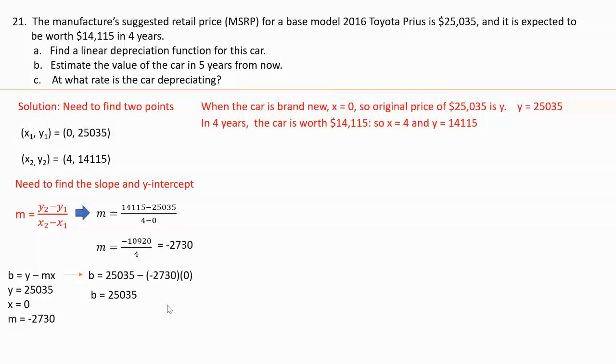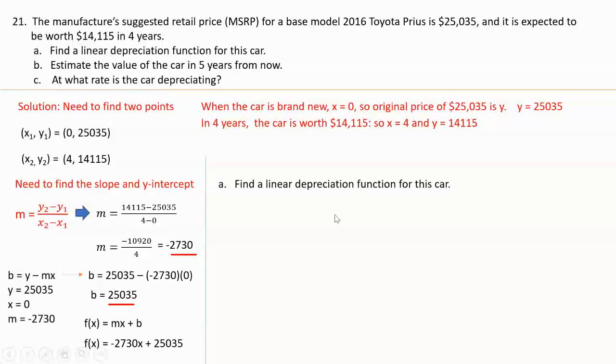You could get the same b by using the second point, but the easier point to use is the first point. That's why I chose that one. Okay, so what's my equation? There's my slope, and there's my b. So plug them in. That's the equation of the line that they're looking for in part A.